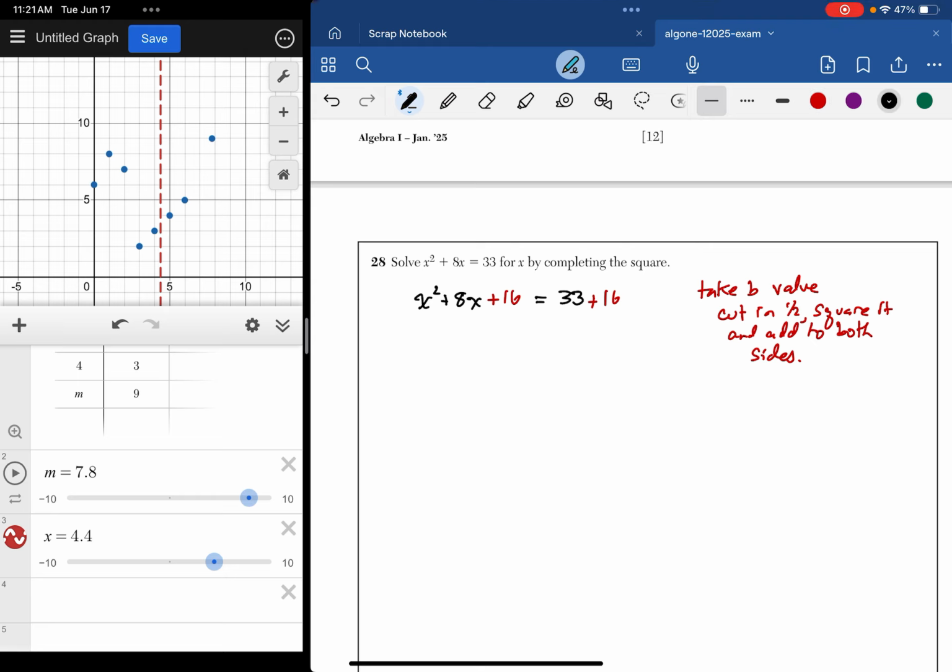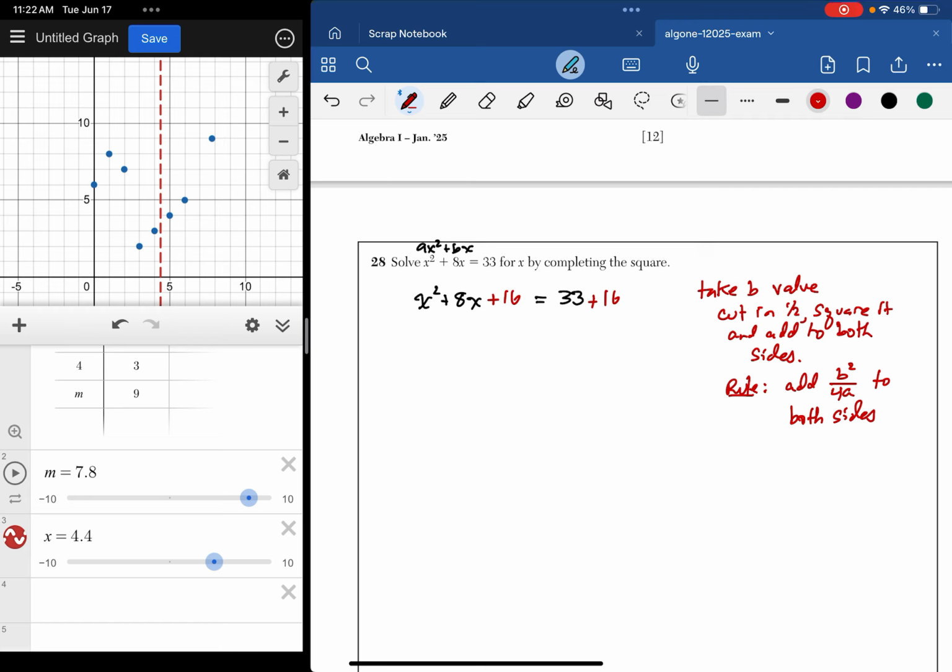All right, remember it's in the form of ax squared plus bx plus c for a quadratic, but these are the only ones you care about. So when I say the b value, I'm talking about the x term. All right, another way you may have seen it as a rule: if you add b squared over 4a to both sides, that'll get the job done too.